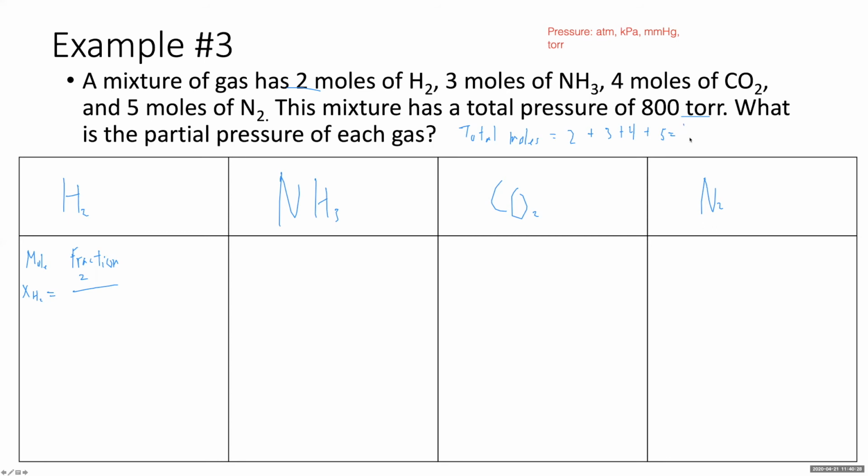So 14 is your total number of moles. So we simply have 2 over 14 as our fraction, and 2 over 14 can be reduced to 1 over 7.